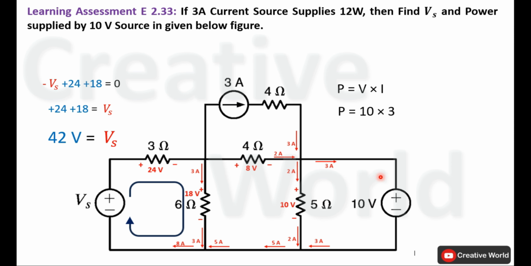Here current is entering from positive terminal, that's why we have taken this current with positive sign. So the power of this 10 volt source will be 30 watt, and instead of supplying power, this voltage source is absorbing power. So this was the end of learning assessments of chapter 2.